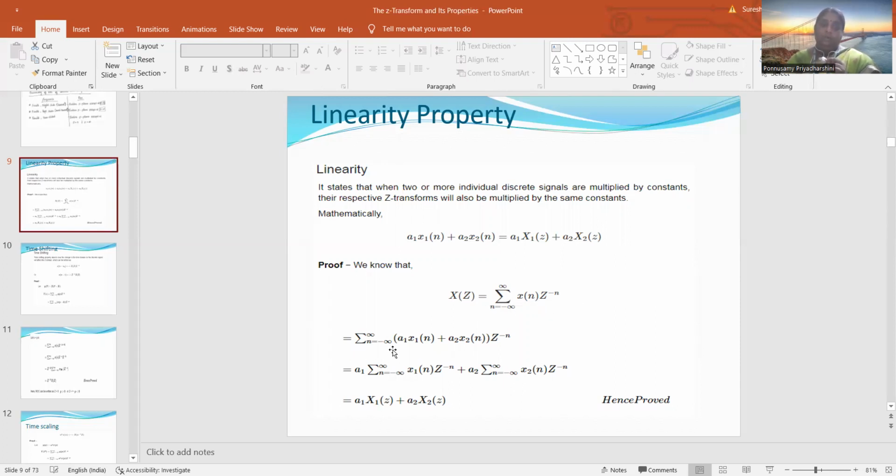Substituting the x of n values, a1 is a constant, so I take it out. x1 of n z to the power of minus n is X1 of z, and x2 of n z to the power of minus n is X2 of z. So the property is proved.